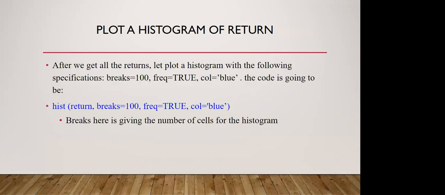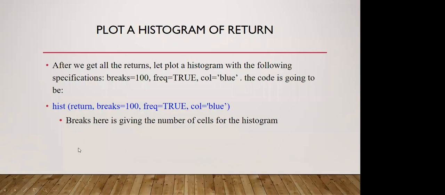Okay, since the for loop was the hardest part and we're over that, the rest is just using some functions in R and figuring out what we want to do. Here we want to plot a histogram of return. After we get all the returns, let's plot the histogram with the following specification. In this histogram, we're going to have breaks of 100, frequency of 2 value, and the color is going to be blue.